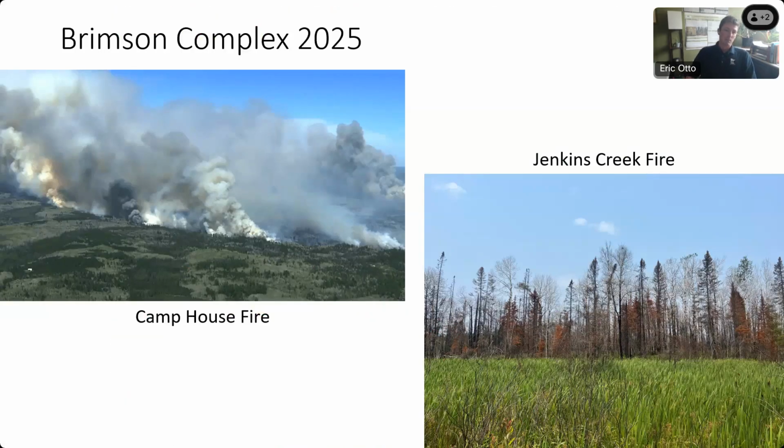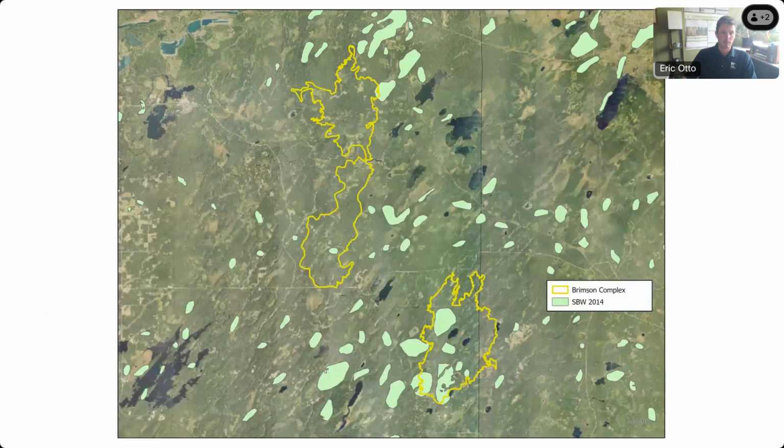And then just this past spring, we had two pretty big fires. It was the Brimson complex, composed of the Camp House fire, which was just over 12,000 acres, and the Jenkins Creek fire, which was just over 16,000 acres. Here are the perimeters of those two fires, and then the overlapping spruce budworm defoliation that we mapped from the air.